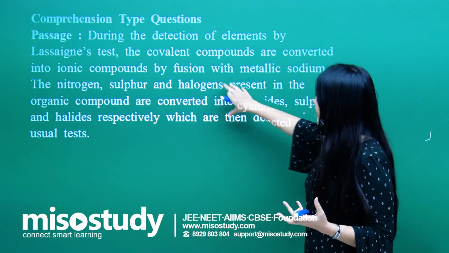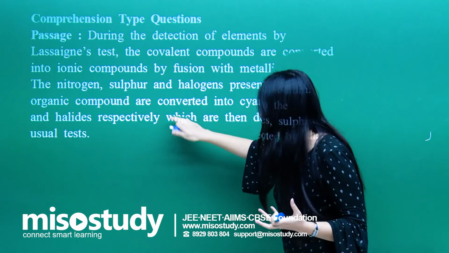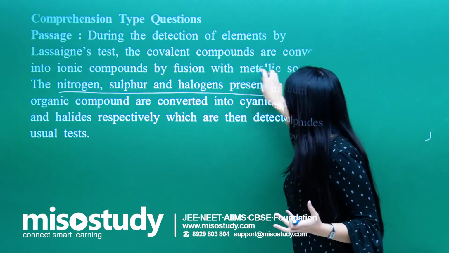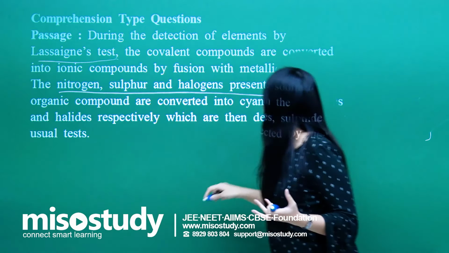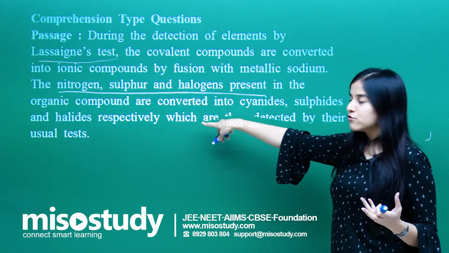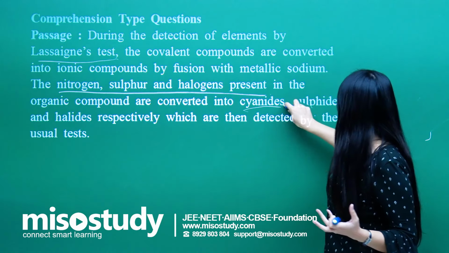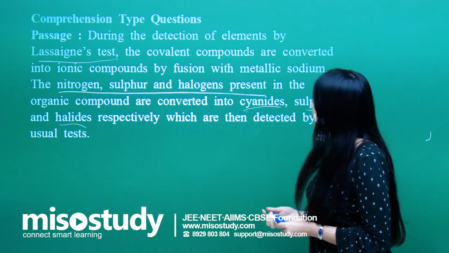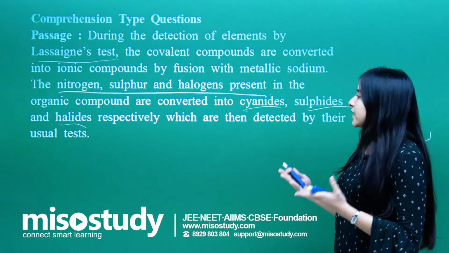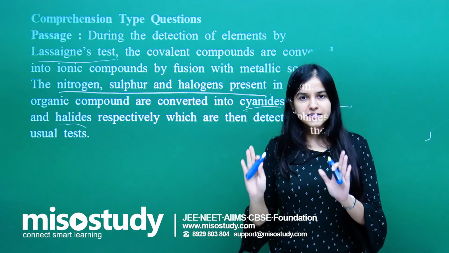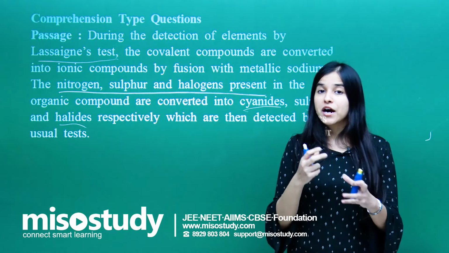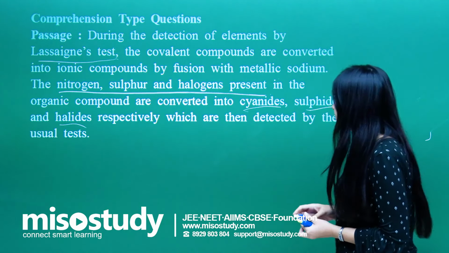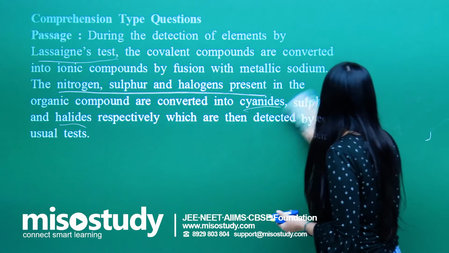The nitrogen, sulfur and the halogens present in the organic compound are converted into cyanides, sulfides and halides respectively. We all know that, which are then detected by their usual tests. So, they have given just information about how the Lassaigne's extract is formed and what is the use of this Lassaigne's extract. I hope everybody gets that.